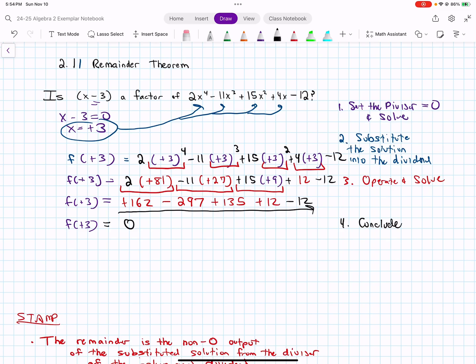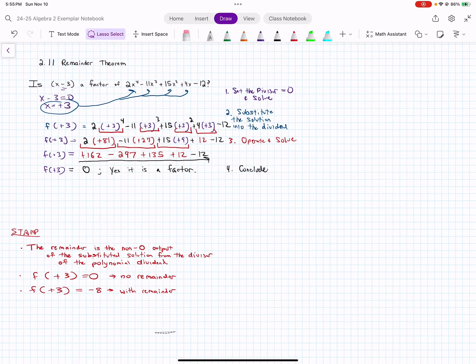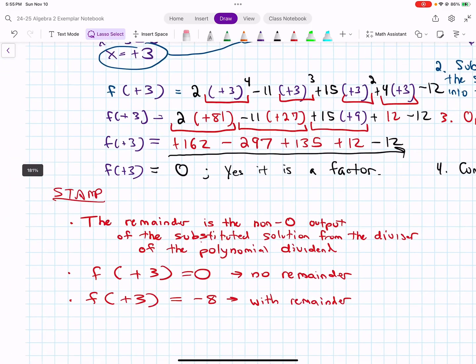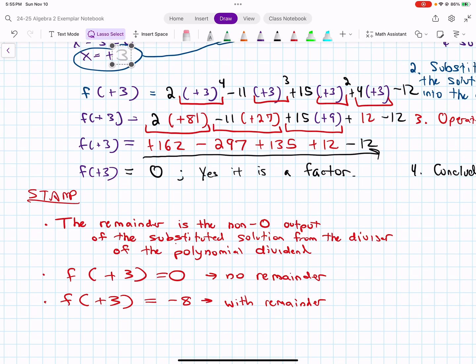Going back to the question, is x minus 3 a factor of this polynomial? Well, if f of 3 equals 0, therefore, yes, it is a factor. There are three main things I need you to understand. The remainder is the output of the substituted solution, that's positive 3, from the divisor into the polynomial dividend.